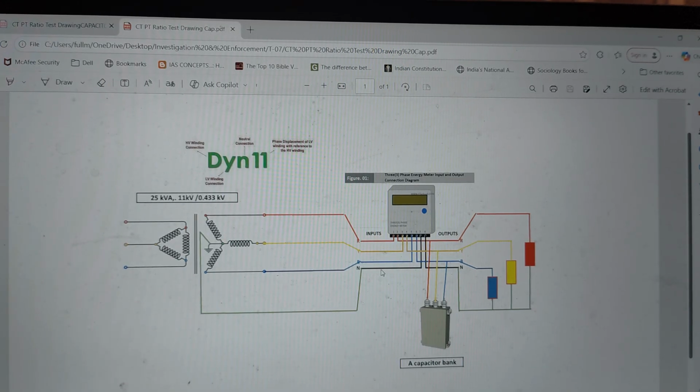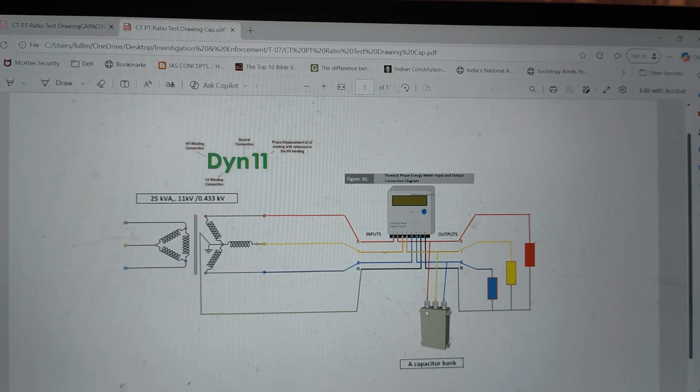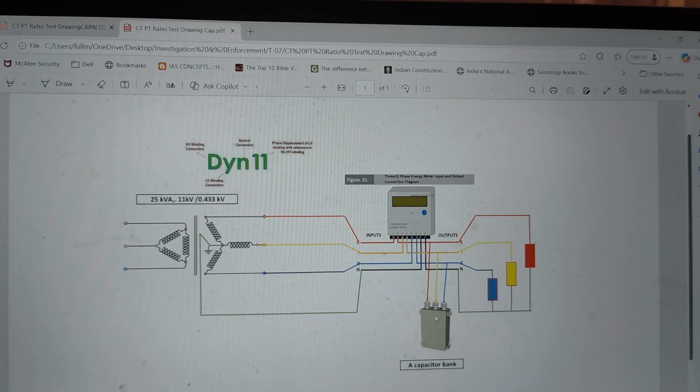In that case, depending on the rated current of the capacitor bank, there will be current between the capacitor bank and the source.